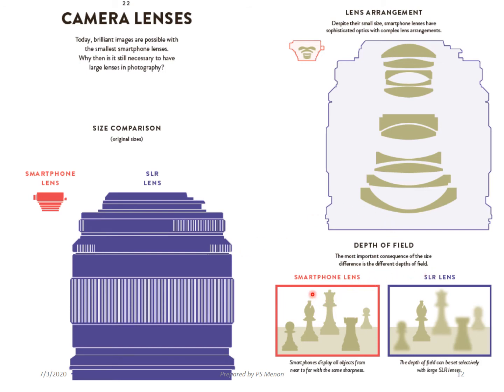So in a smartphone lens, it can display all objects from near to far with the same sharpness. But in an SLR lens, the depth of field can be set selectively with large SLR lenses. Suppose you want to focus on this person, you can zoom, and using an SLR, you can just focus on this person. So it cannot be done with a normal smartphone.